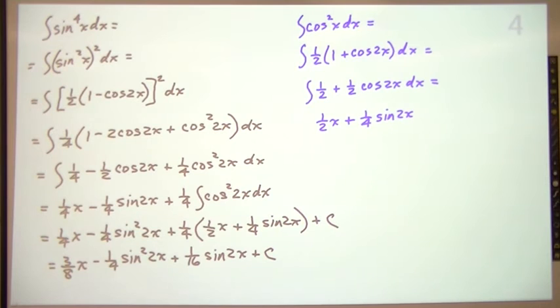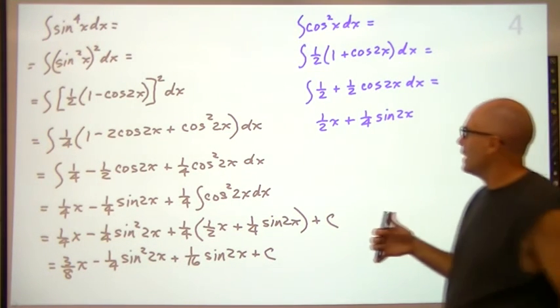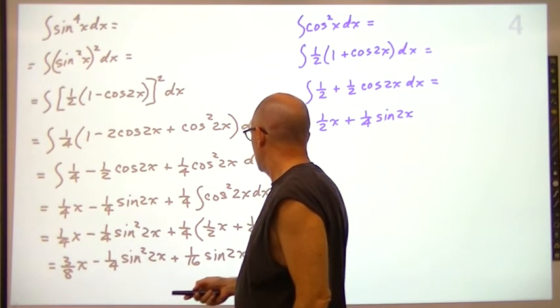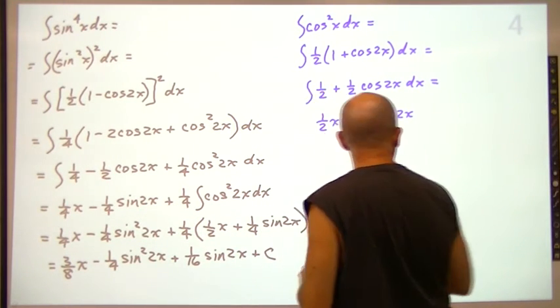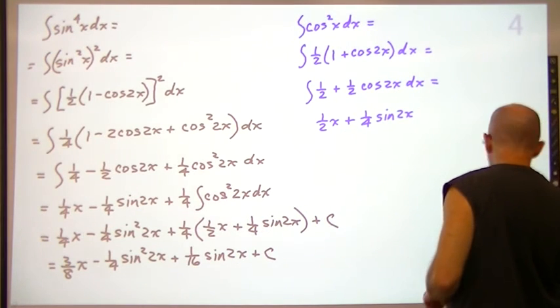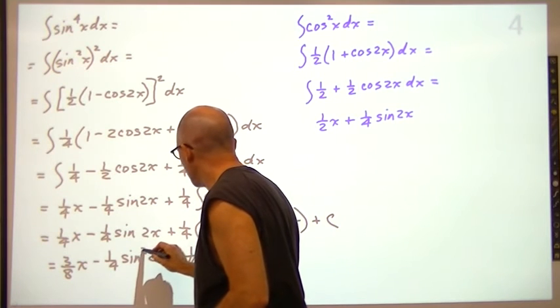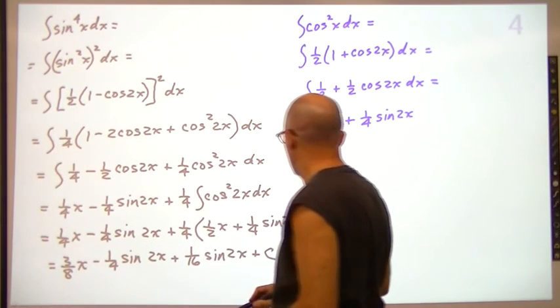What the heck did we screw up this time? We have 3/8 x. How do we get sine squared 2x? It's not sine squared 2x, I just put that in. Yeah, I just manufactured a square for some reason.